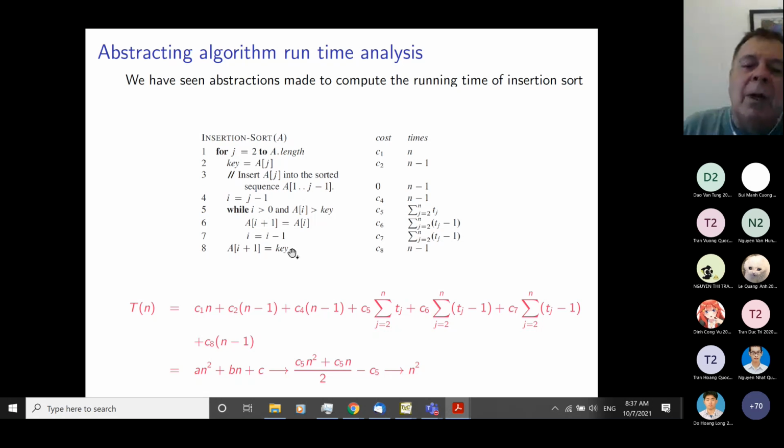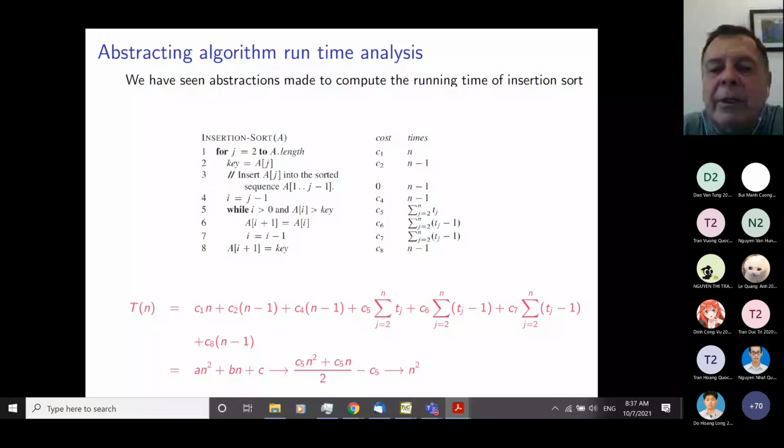So we came up with some kind of expression, some kind of polynomial, and we are now going to remove all the terms of this polynomial, just keep the dominant term, and then remove all the constants as well, and say this is the running time of the algorithm. So n squared is the running time of the algorithm.